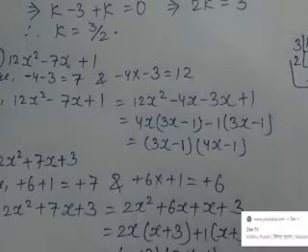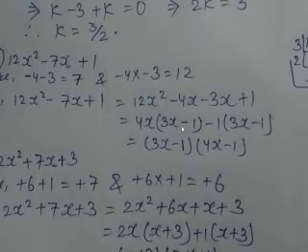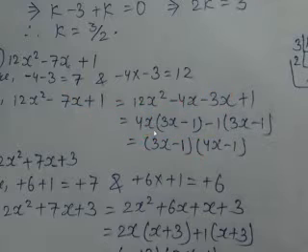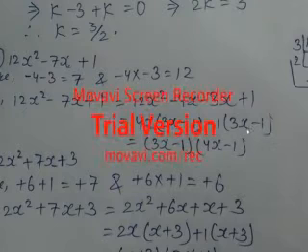Now you can see over here, from both of these we have taken 4x common, so 4 threes are 12 and 1x is left over, since it was x squared, and minus 1. Here nothing is common, so we take minus 1 common, so it becomes 3x minus 1. So 3x minus 1 has been taken common, and 4x minus 1 remains. From here 4x and from here minus 1. So it becomes 3x minus 1 times 4x minus 1. This is how we should factorize.